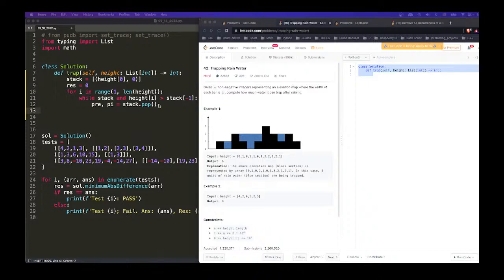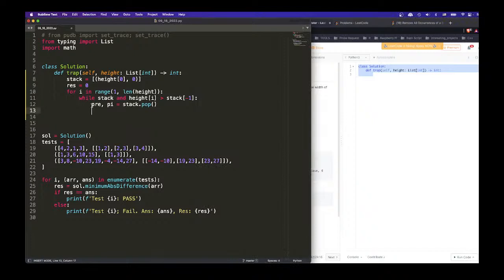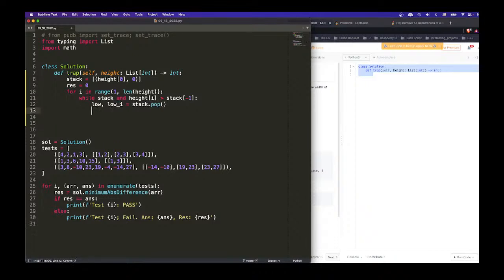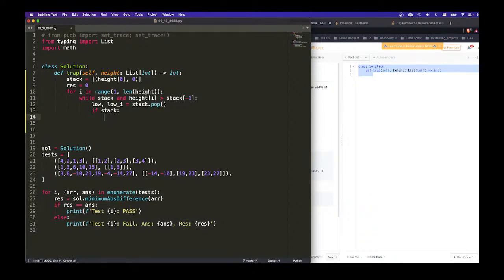So this is the, we call it low. Okay? We call it low. There's something low. And then there's a low I. Alright, low I. And then we're gonna say if stack, if still stack, then what we're gonna do is stack minus 1.